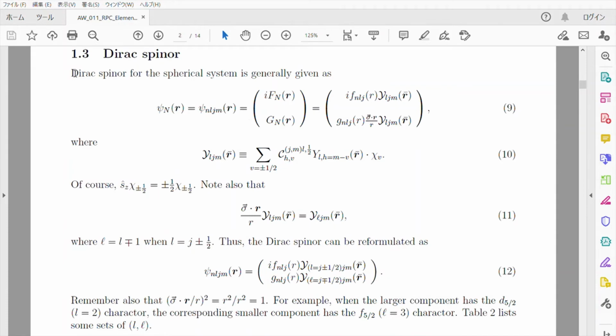Next, the Dirac spinor for a spherical system is generally given as this equation 9. Here the capital Y is the coupled spinor with the orbital angular momentum part and the spin algebra part.